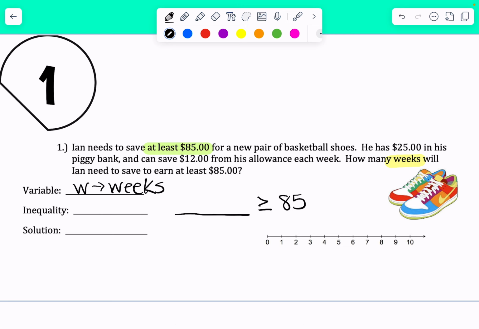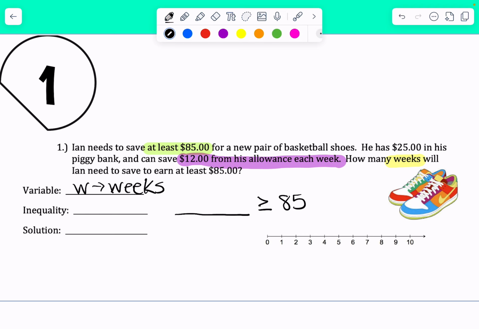So when I continue reading, he has $25 in his piggy bank and can save $12 from his allowance each week. Anytime we see any kind of rate that's repeatedly happening, like each week or per week, per person, something like that, this is usually going to be where we're having some kind of multiplication happening in our expression.